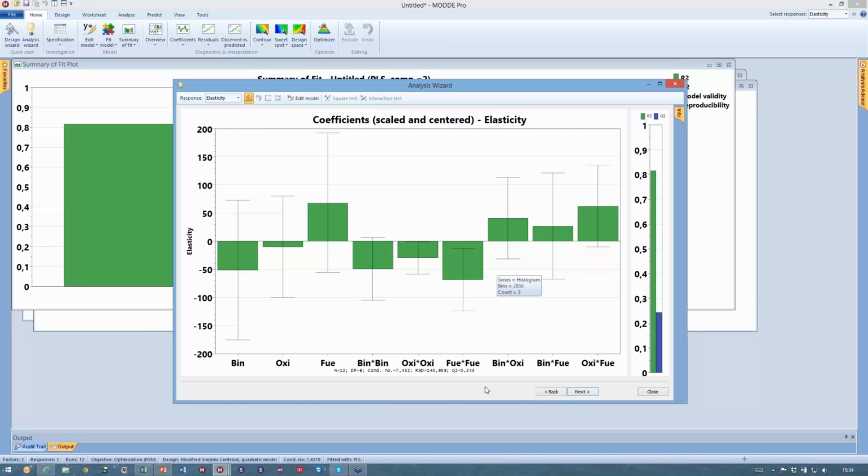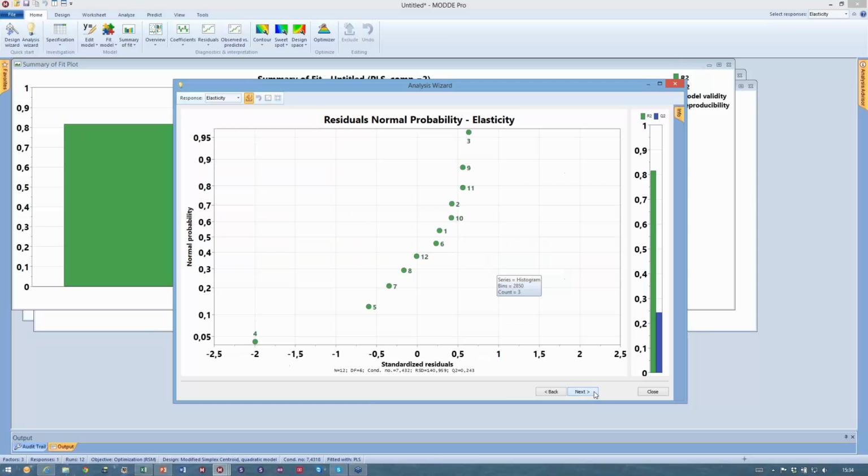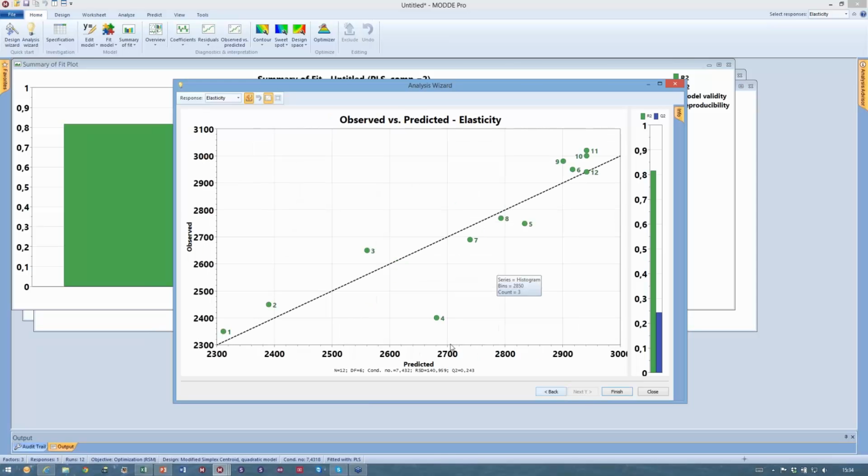We will live with the model we have, and that also means we conform to the model presented by the original investigators. The next plot in the analysis wizard is the normal probability plot of residuals, and we can see that one of the experiments that is tricky is experiment number 4, and this is also the one that deviates mostly in the observed predicted plot.